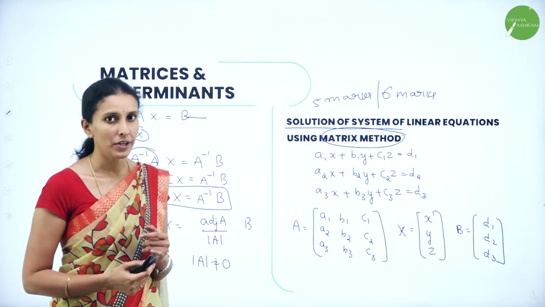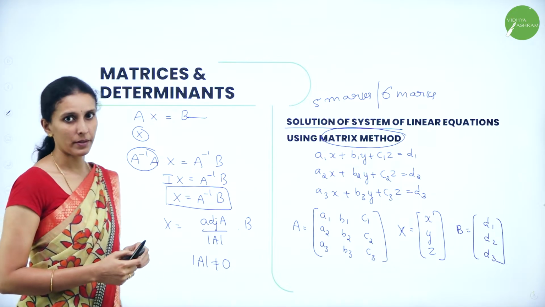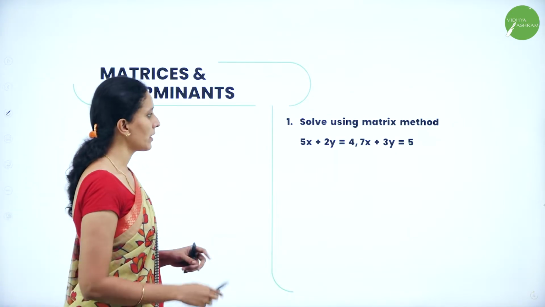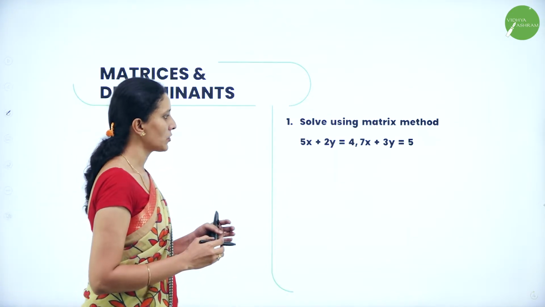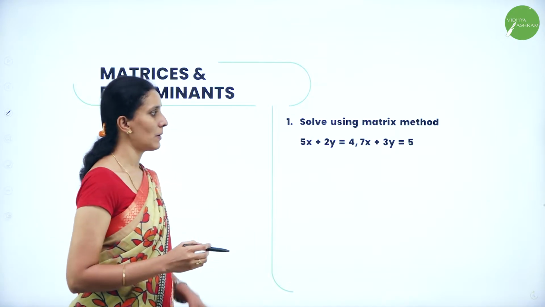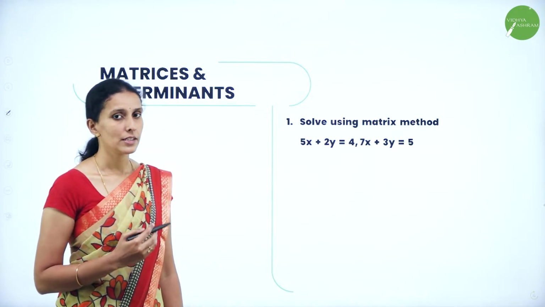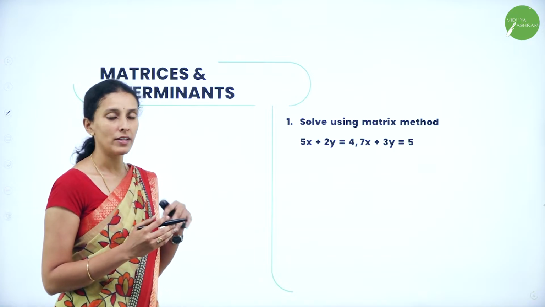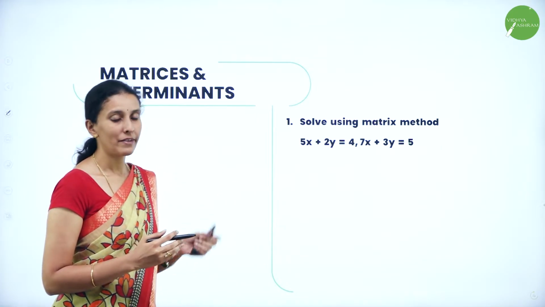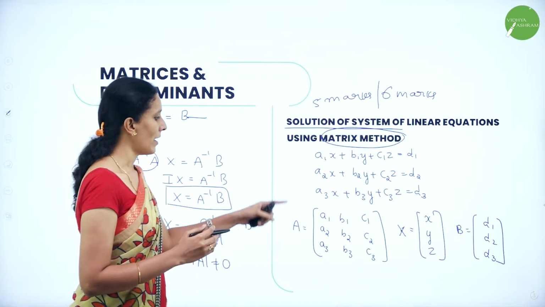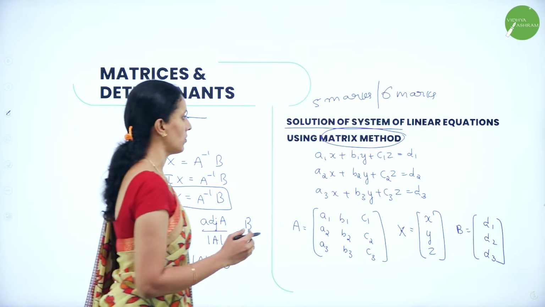So let's try to solve this using the matrix method. First one, solve using the matrix method: 5x plus 2y is equal to 4, 7x plus 3y is equal to 5. Here it's a 2 cross 2 matrix. Whatever concept we applied for the previous 3 cross 3 matrix, the same thing we can apply here also.